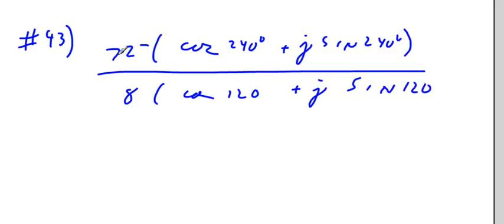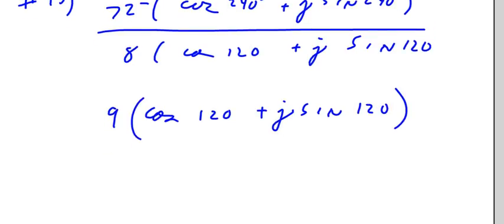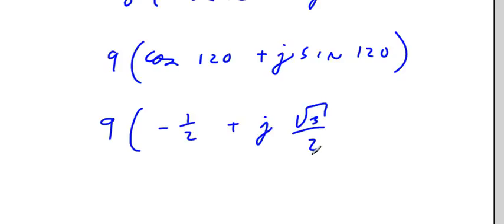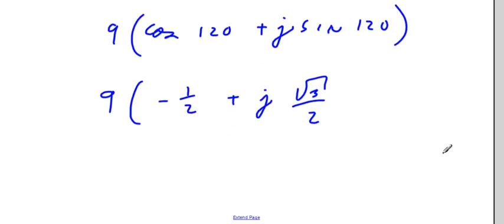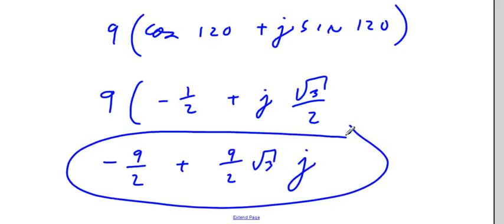So what is that? 9 cosine 120 plus j sine 120. We recognize that as reference angle 30, so it'd be 9 times minus a half plus j square root of 3 over 2. So it'll be minus 9 halves plus 9 over 2 square root of 3 j, and that'd be perfectly okay, leaving it like that.